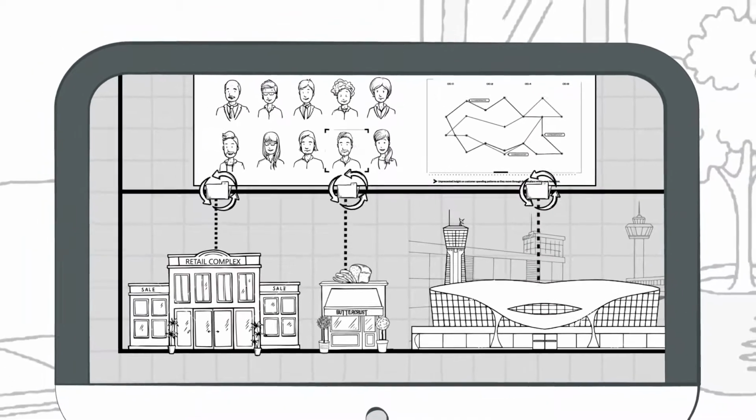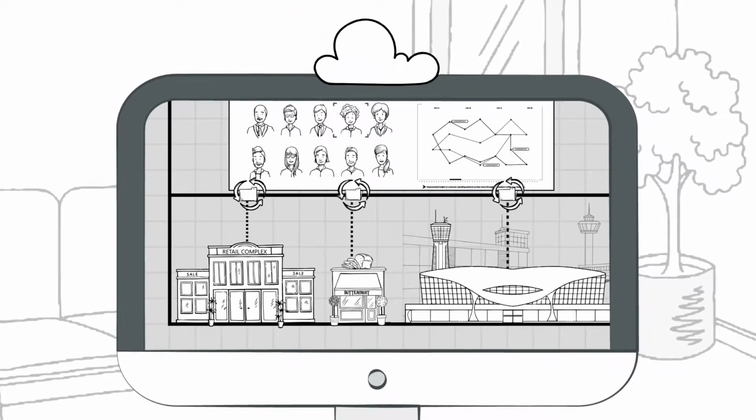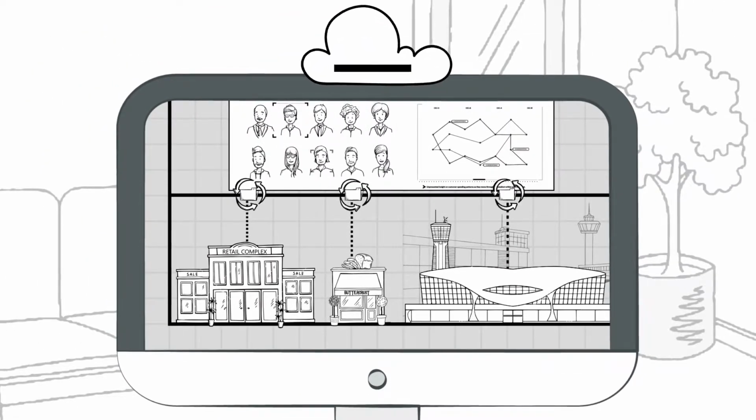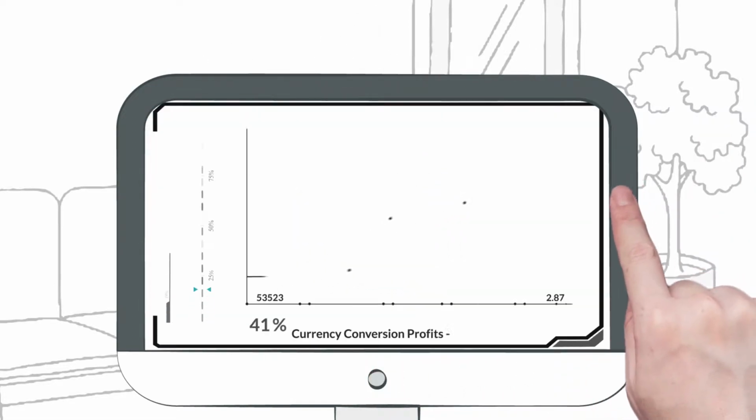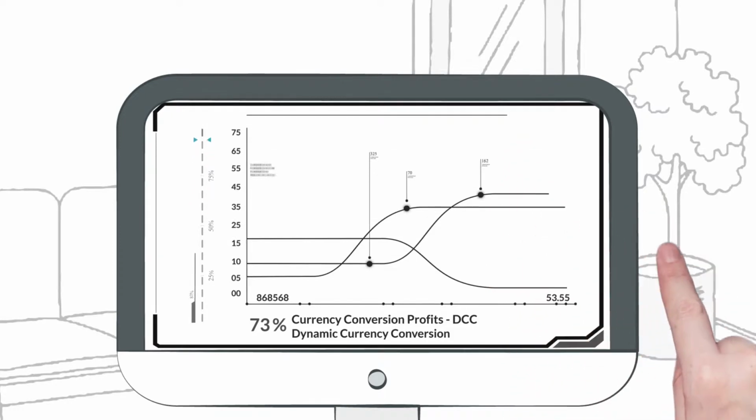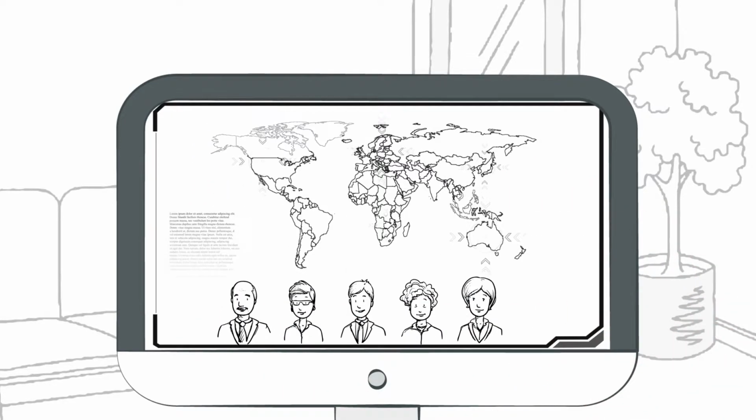All this data is saved in our platform's secure cloud database and is fed back to you in an organized format through your very own portal. This allows you to keep track of any currency conversion profits and the customer demographics.